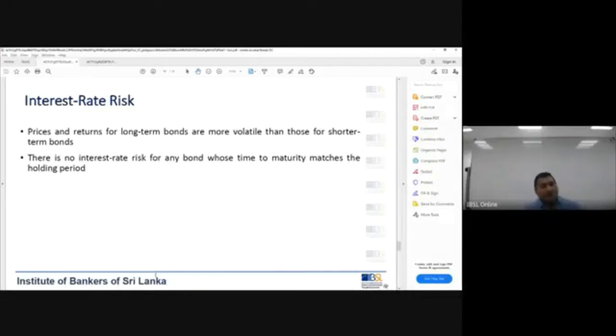So that's a very, very interesting element that you have to understand from this section of discussion. The interest rates and the price behavior is negative. Prices and returns for longer term bonds are more volatile than for shorter term bonds. There is no interest rate risk for any bond whose time to maturity matches the holding period. You take that out of the equation.